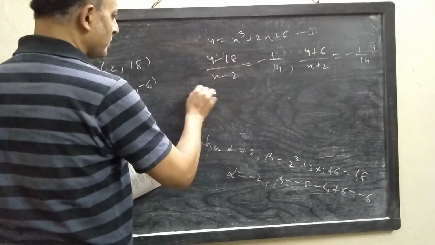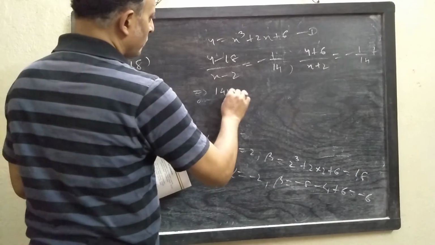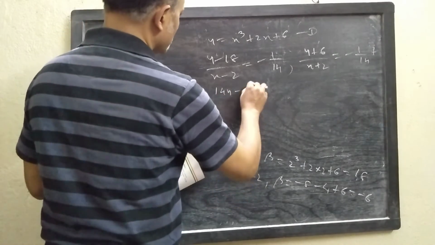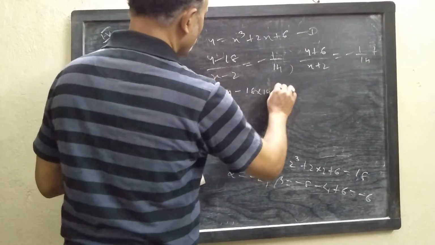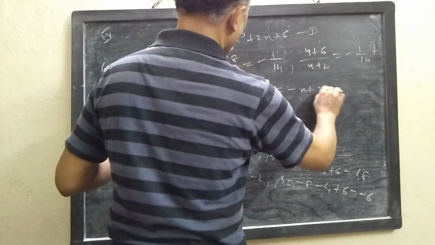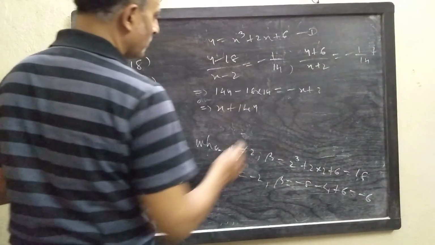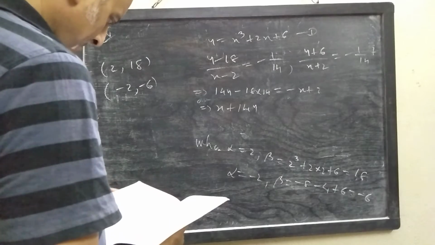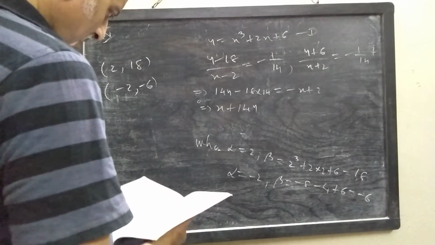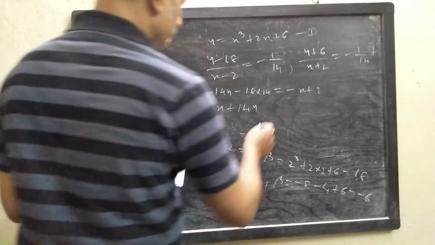Now just simplify. 14y minus 18 into 14 equals minus (x minus 2), that ultimately becomes x plus 14y equals 254.